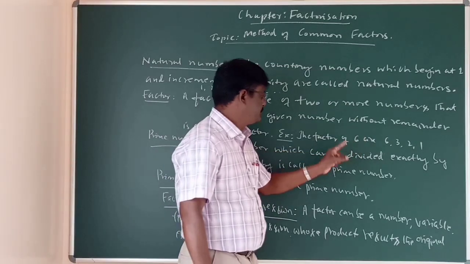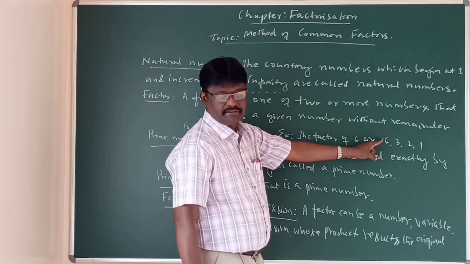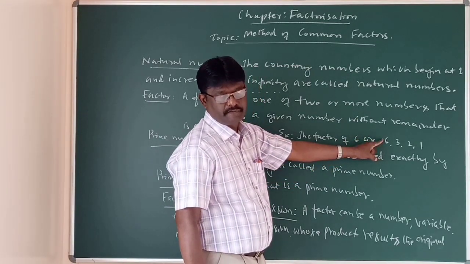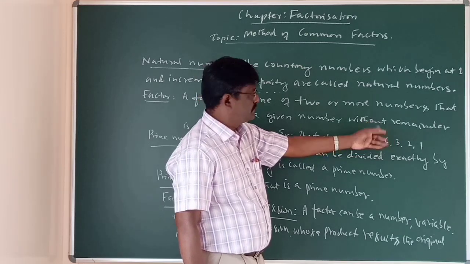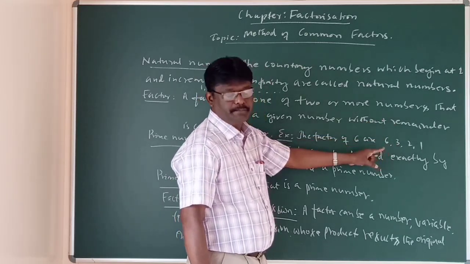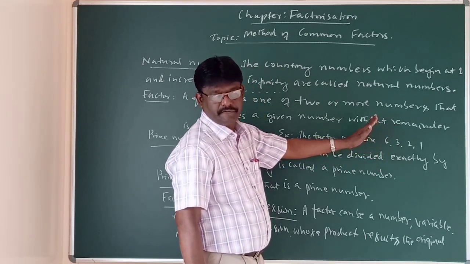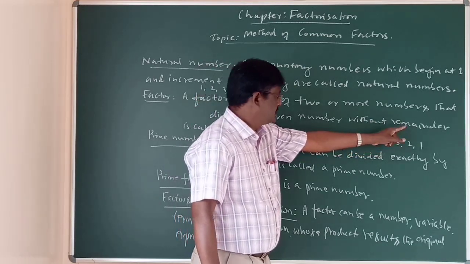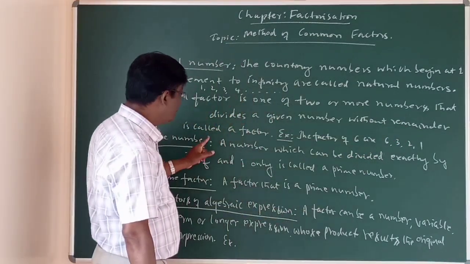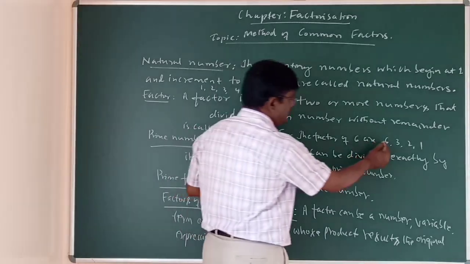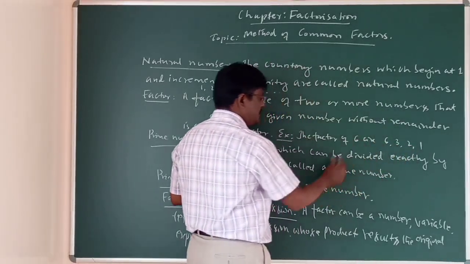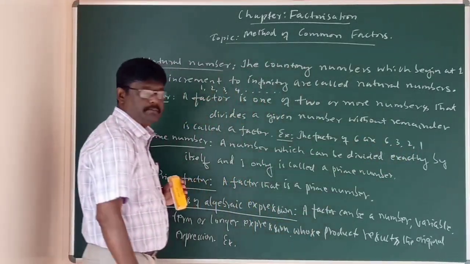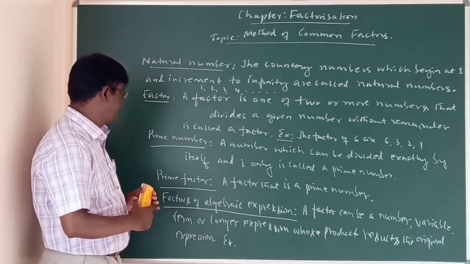If you take 6 itself, 6 by 6 is 1, remainder is 0. So without remainder. If you take 3, 3 twos are 6, remainder 0. That's why only those numbers are the factors of the given number, the original number.